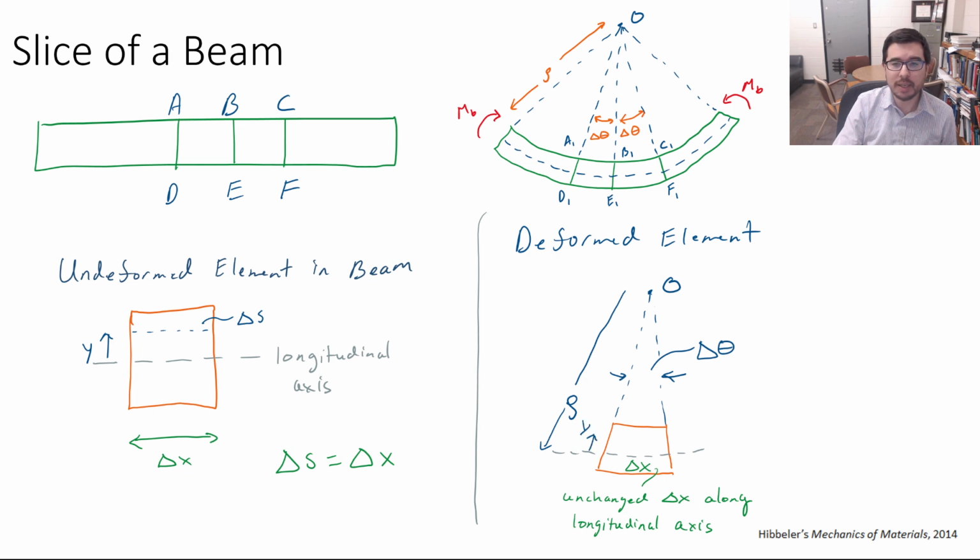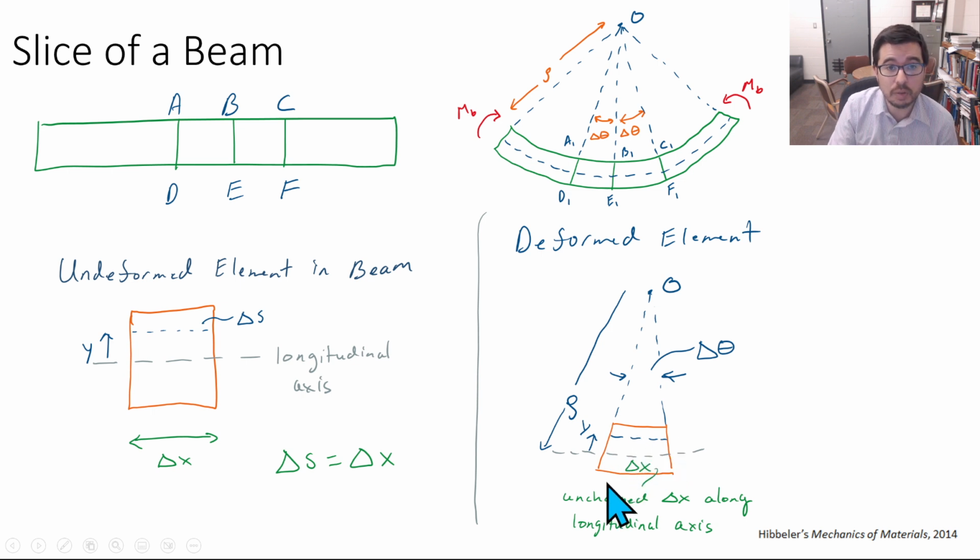But we have an idea that some other things could be changing. We already hinted that delta s could be changing, as a function of the distance from the neutral axis. So y is that distance. Going toward the center of the circle, that distance is going to be decreasing from this side to this side.